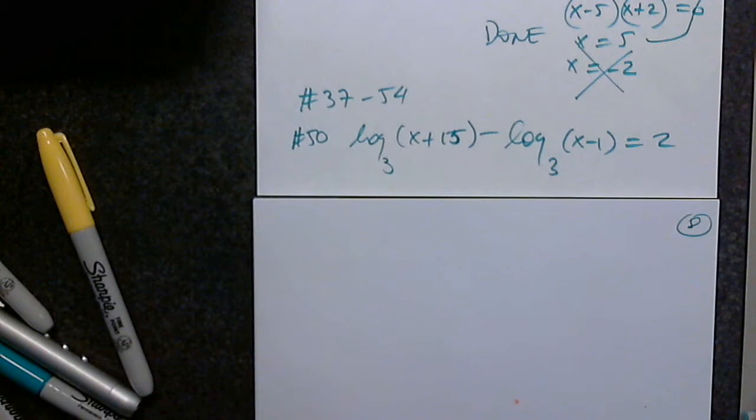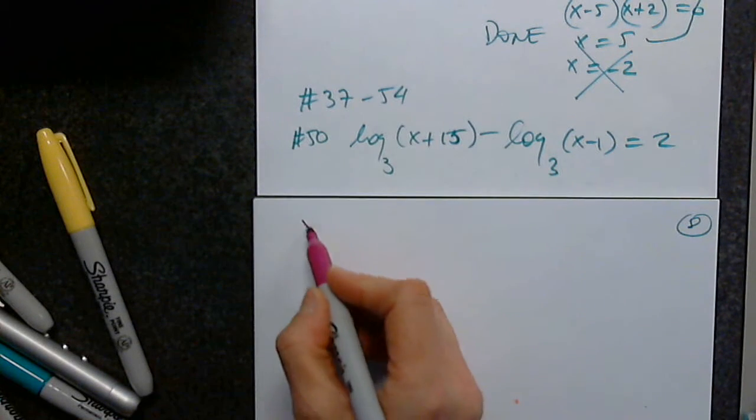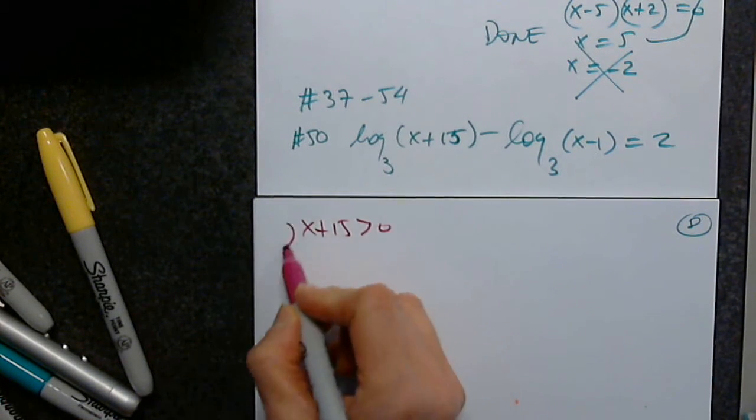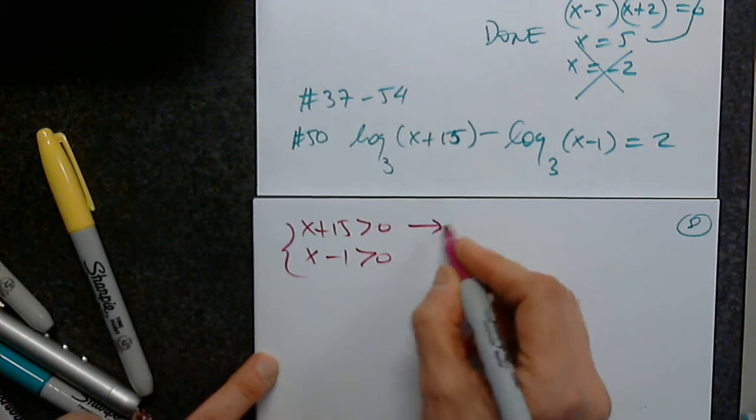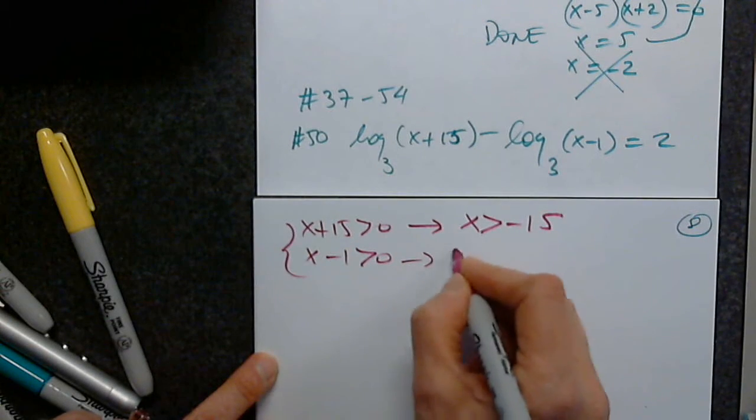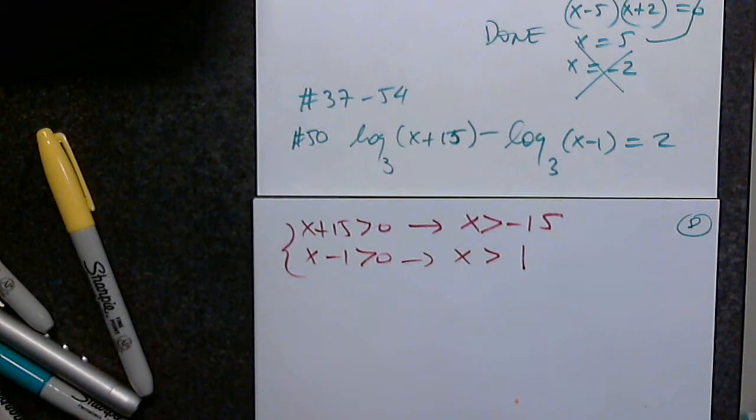Okay, assuming you agree with me and you will state the domain and find the common domain, what will you write for the first function? x plus 15 greater than 0. What will you write for the second one? x minus 1 greater than 0. Good. So then this one is greater than negative 15 and this one greater than 1. What is called the common domain? Exactly. So if the solution or solutions I get are not numbers greater than 1, I'll say, sorry.